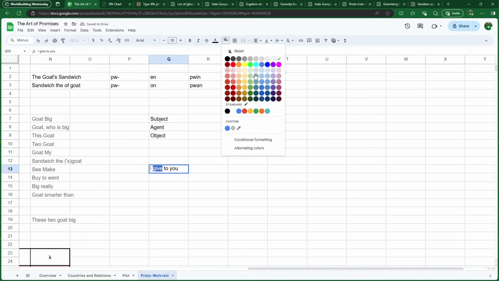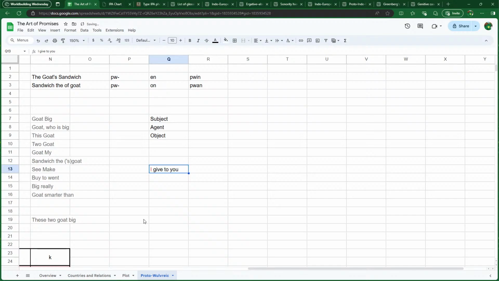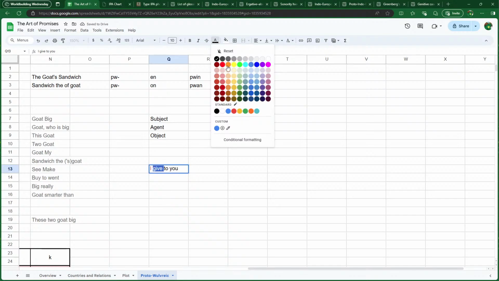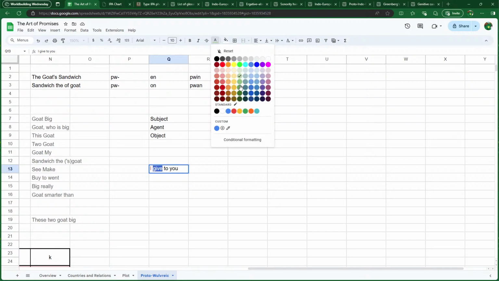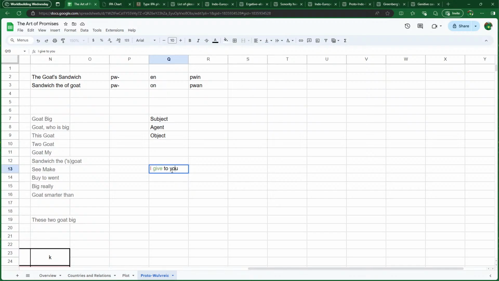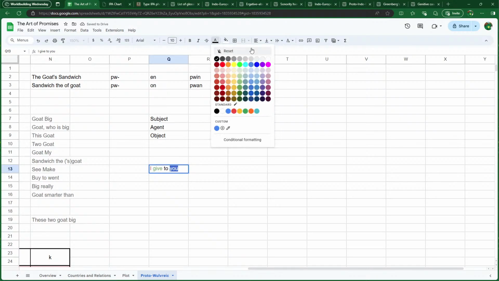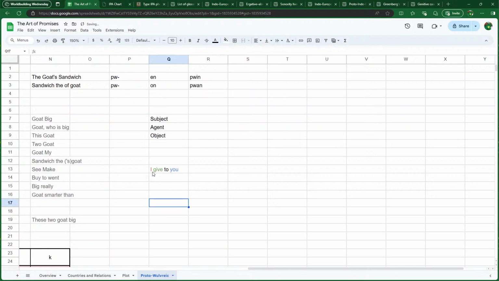I give to you. So I is the subject, give is the verb, you is the object, right? So give is a transitive verb because it can take on an object, essentially.